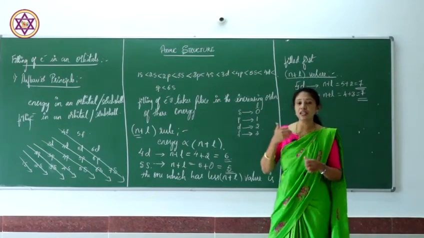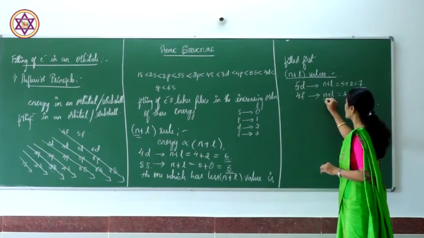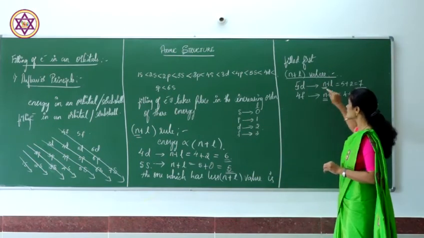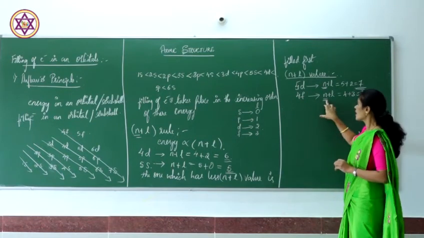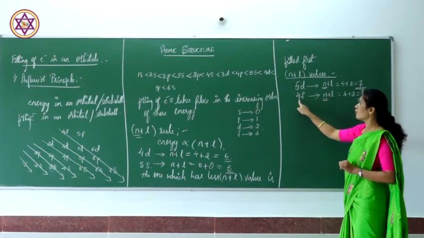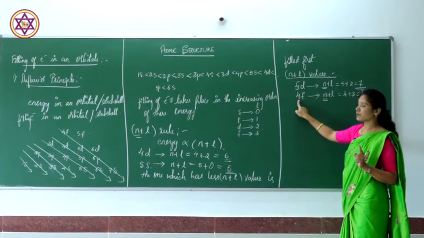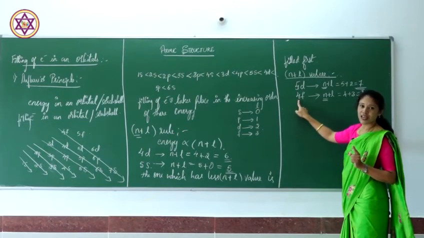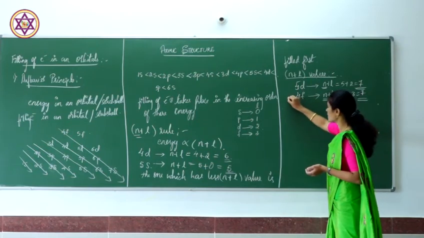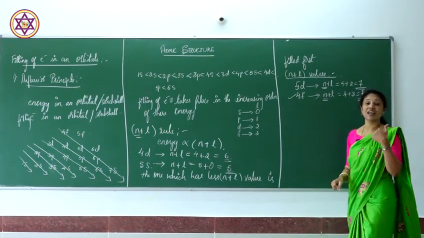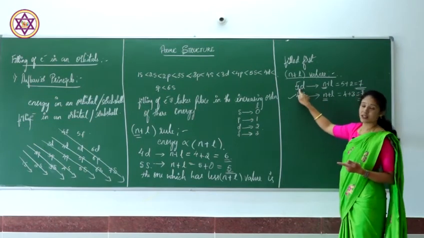If they have the same n plus L value, what should we do? We should see which one has the least n. Here 4f has the lesser n value, that is, the principal quantum number n is less, it is 4. The one with the lower n value is filled first, then the filling takes place in 5d.